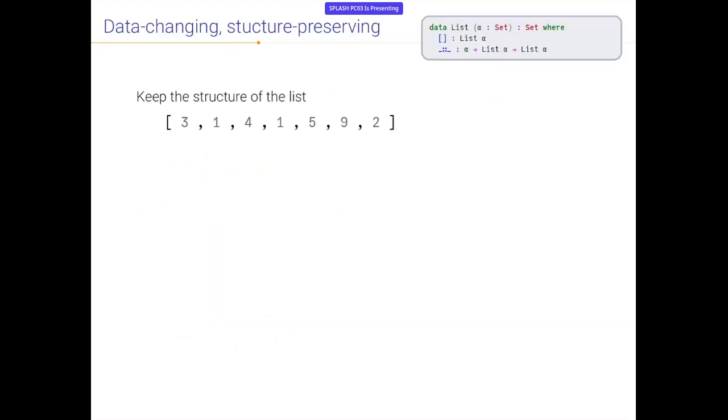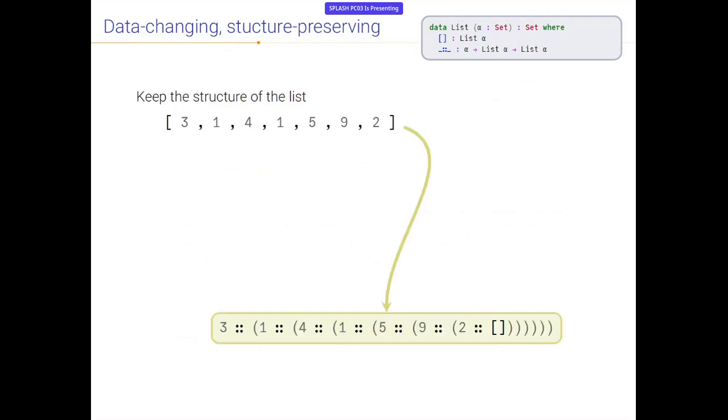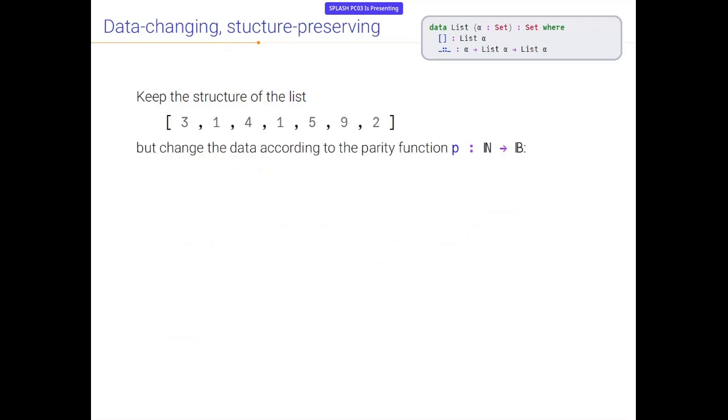If I give you a list, a visual representation of the list written like that with the constructors, and I say, well, keep the structure of this list, but just change the data according to the function p, which sends even numbers to true and odd numbers to false, then you will come up with this list.